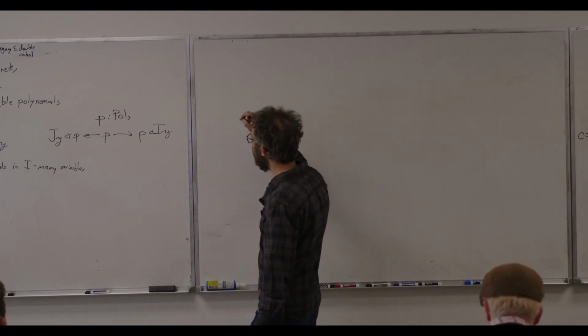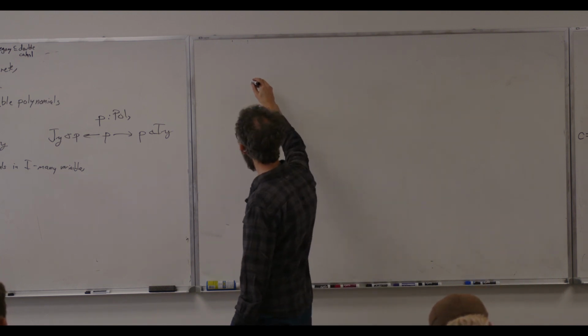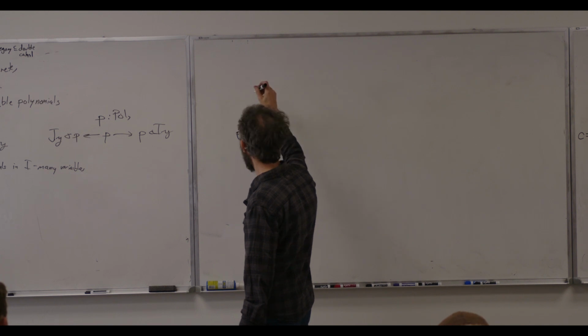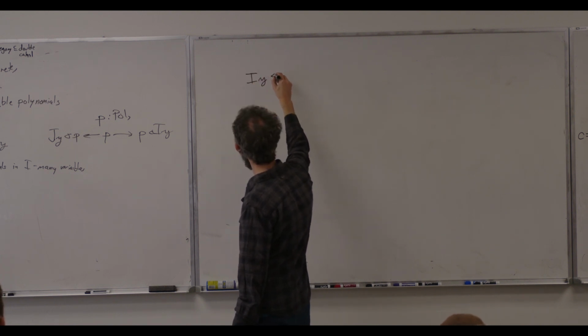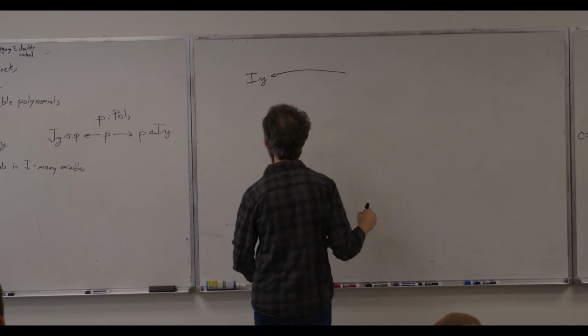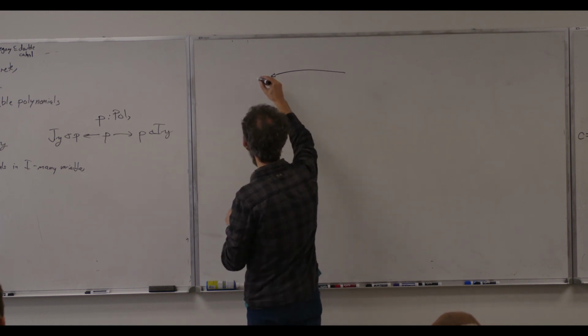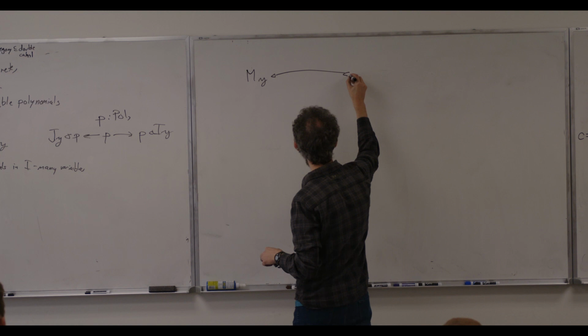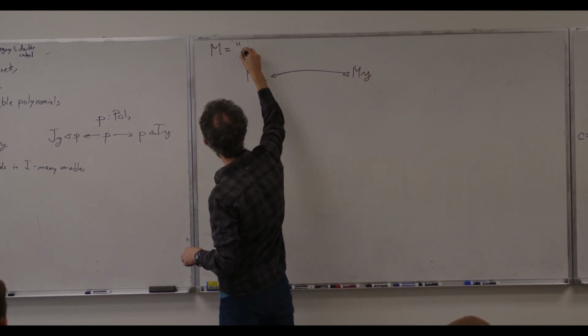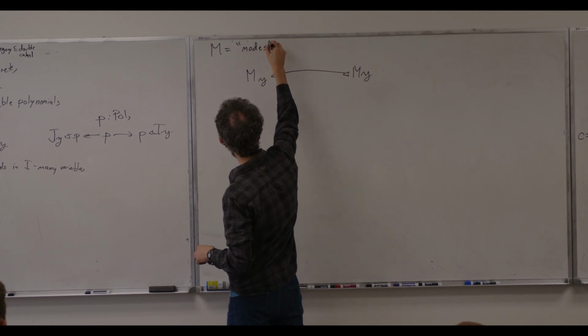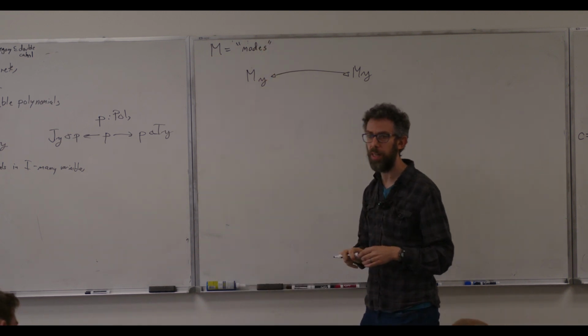Let's say we just had I and J be the same, and I'll call them M for modes. M equals modes. So you've got an M-mode dynamical system.